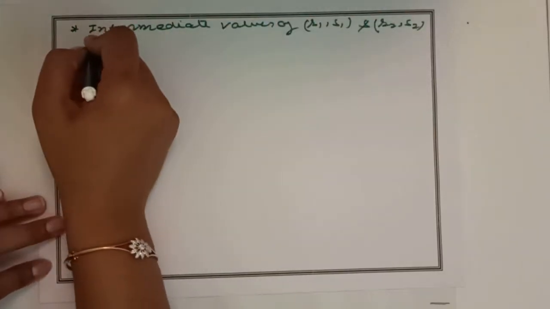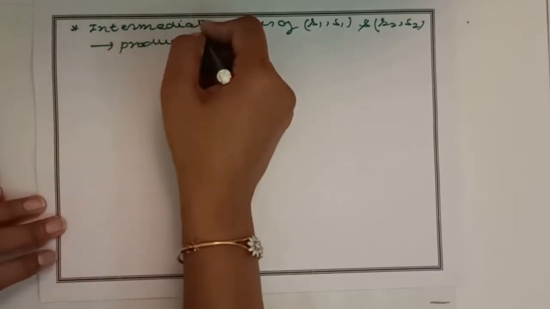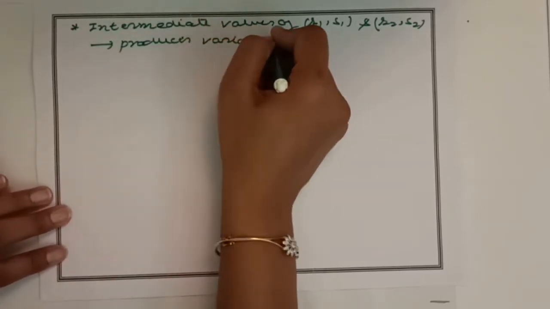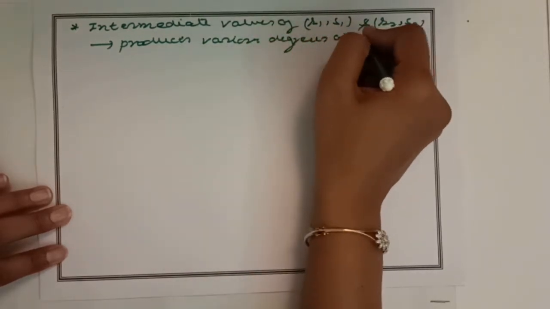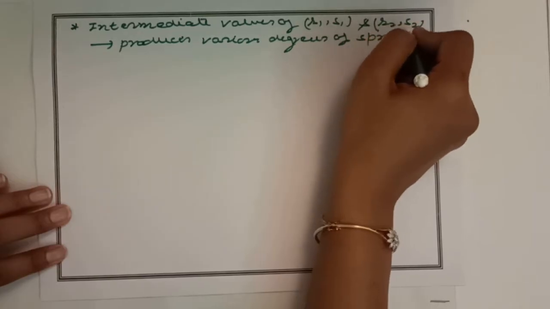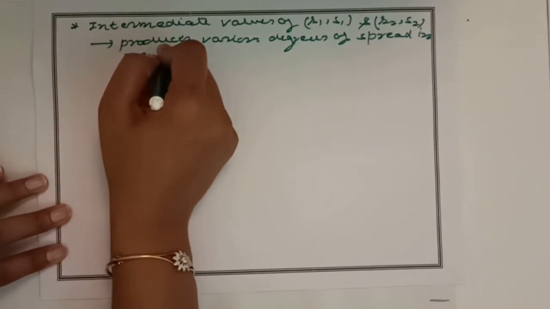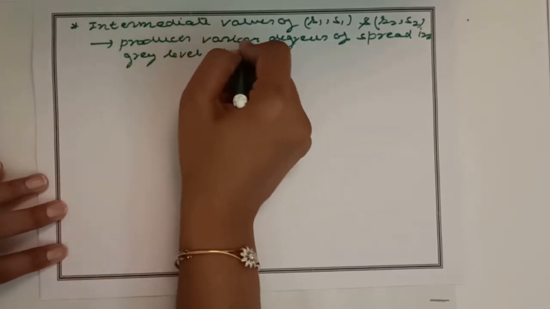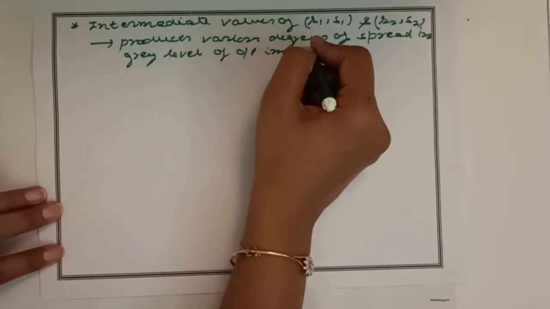They produce various degrees of spread in gray level of the output image.